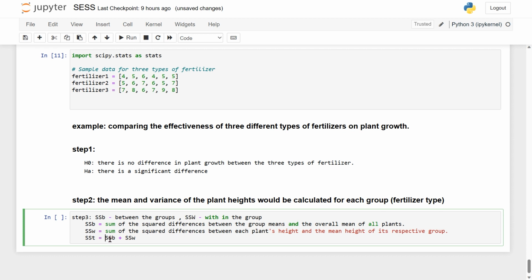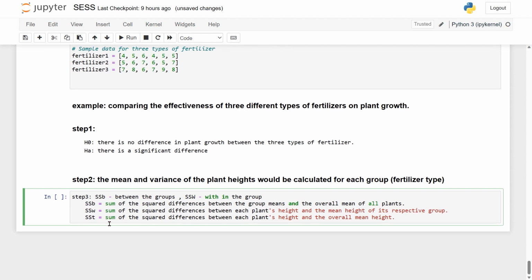Total variance would be calculated as the sum of the squared differences between each plant's height and the overall mean height. So in total we have SSB, SSW, SST.